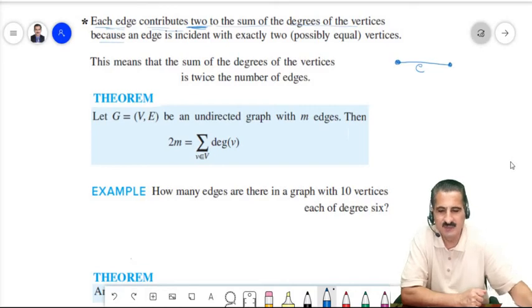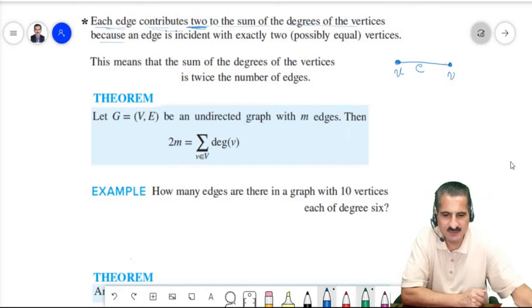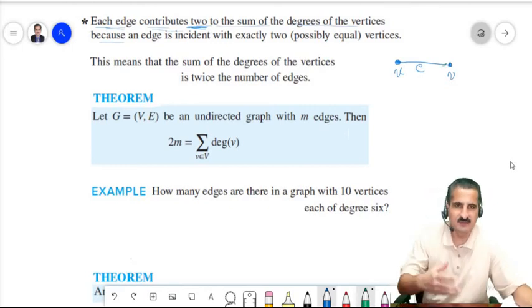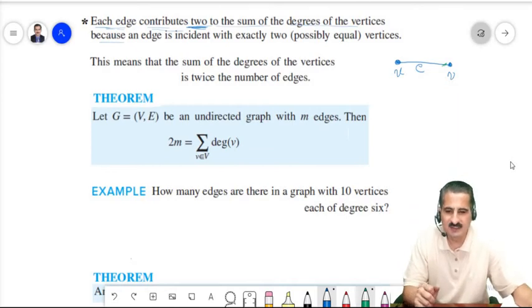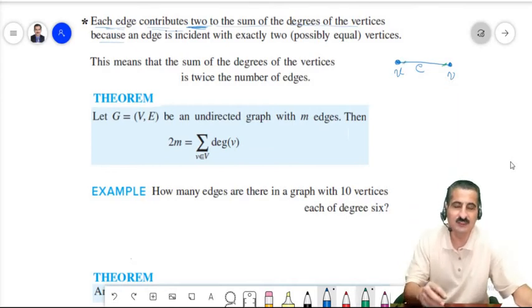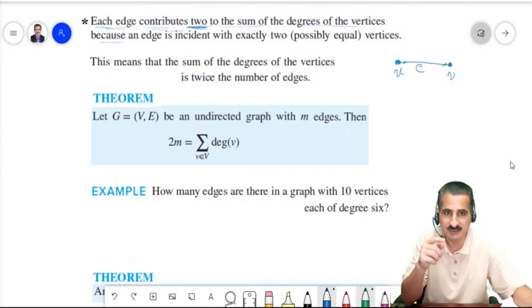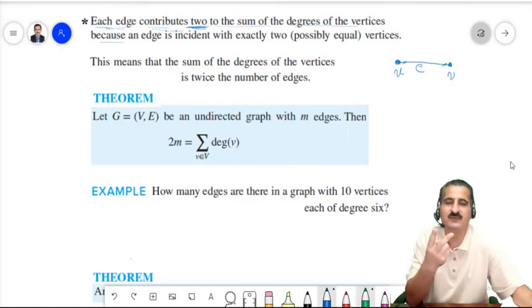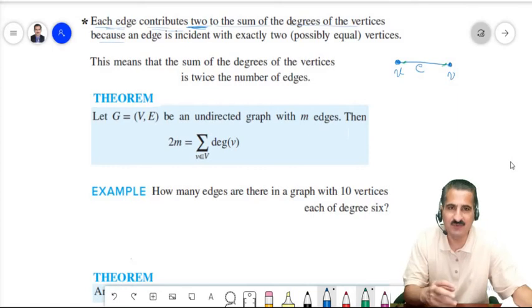Say this is U and this is V. When we count the degree of V, this edge will add 1 to the degree of V, and also it will add 1 to the degree of U. So this edge contributed 2 values to the degrees of the vertices, all of them.